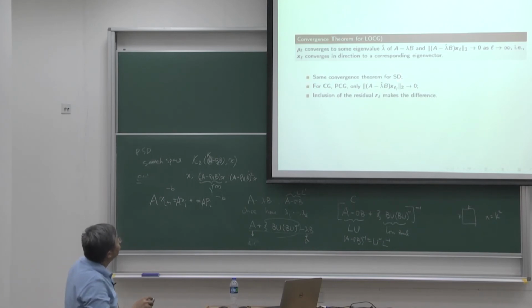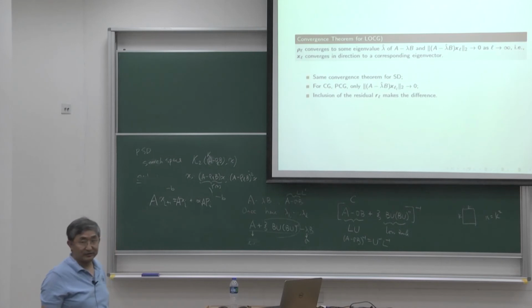This is the same as SD. But in general, for CG and PCG, there's only a subsequence. That's a big difference. The inclusion of the residual RL makes all the difference in the proof.